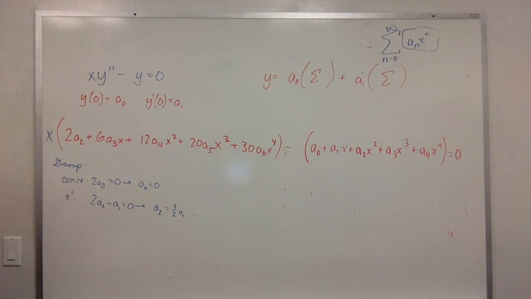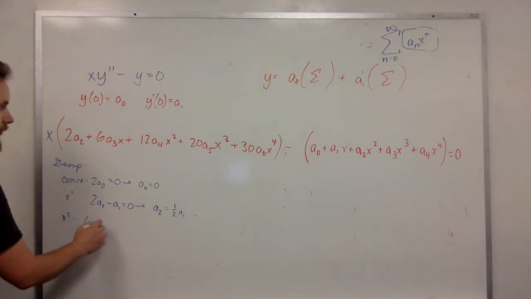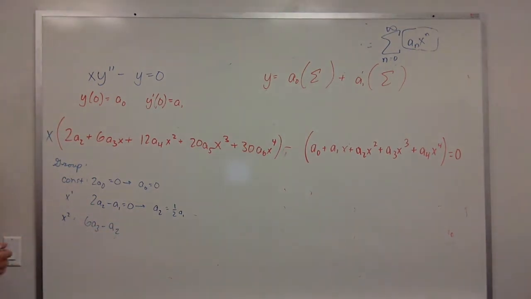I hope. How about the x squared terms? We have 6a3 and a minus a2. Yes, I'm losing my mind right now. Sorry.